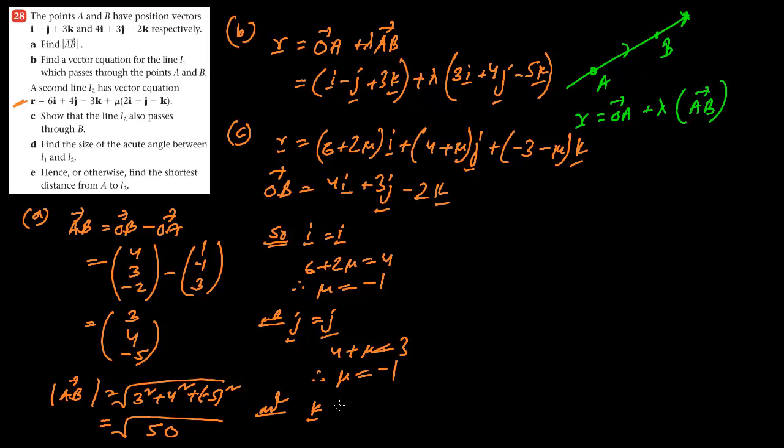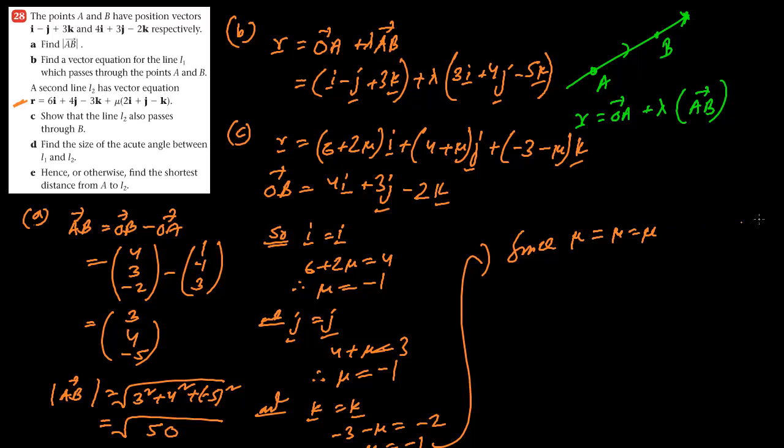And k equals k, we have minus 3 minus mu equals minus 2. Therefore, mu equals minus 1. So since mu equals mu equals mu, the point B lies on L2. That's it.